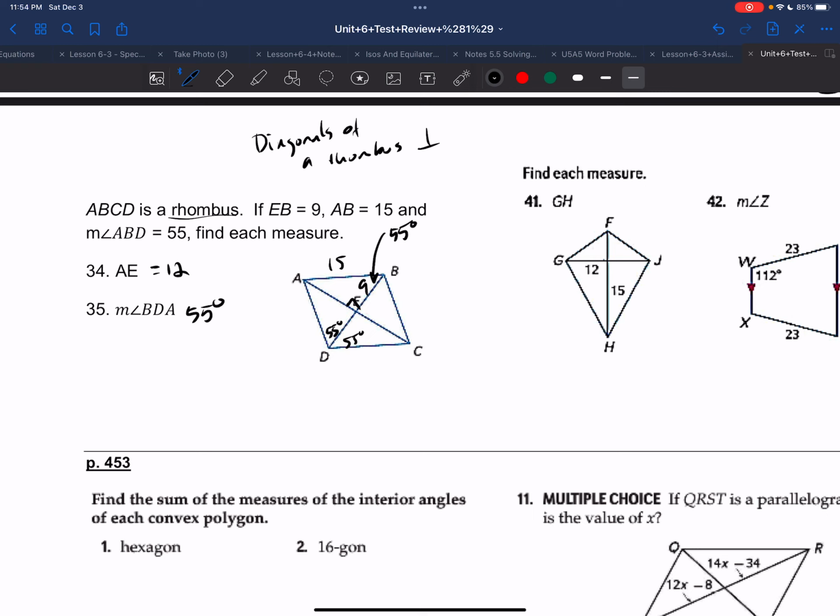And also, you can say, since a rhombus is a parallelogram, and this is my transversal, if this is 55, then this is 55, right? And then you can go ahead and say, because the diagonals split the angles into two congruent parts, if this is 55, then that's 55 as well. Okay? Hopefully that makes sense.